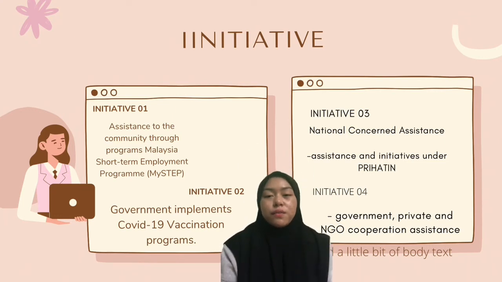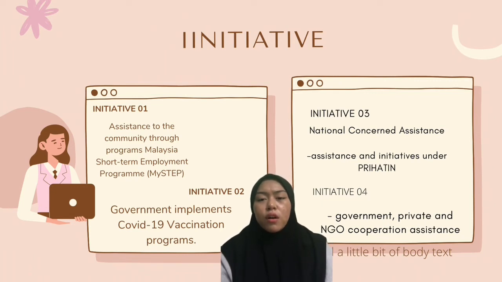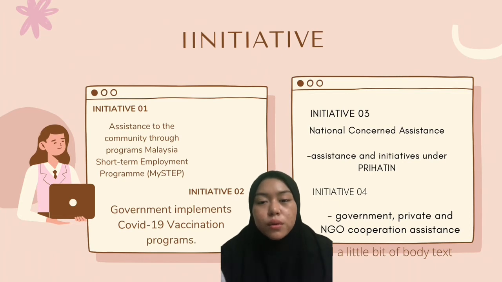After that, the following are among the assistance and initiatives under Prihatin. First, a special allowance of RM600 for health and medical staff, and a special allowance of RM200 to members of the army, police, customs and immigration, fire, civil defence force and RELA members.